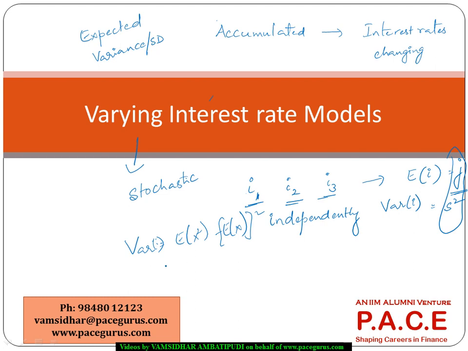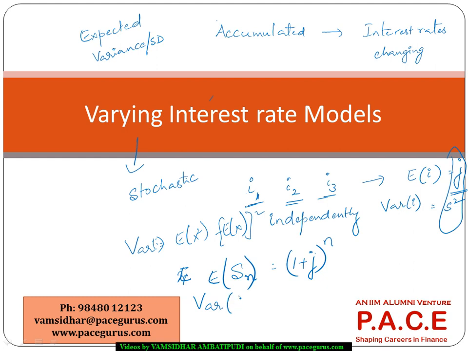Now, based on these two, if I want my accumulated value after n periods, a simple expected value of this accumulation is nothing but (1 plus j) to the power n. The expected interest rate to the power n will be the expected value of the accumulation.